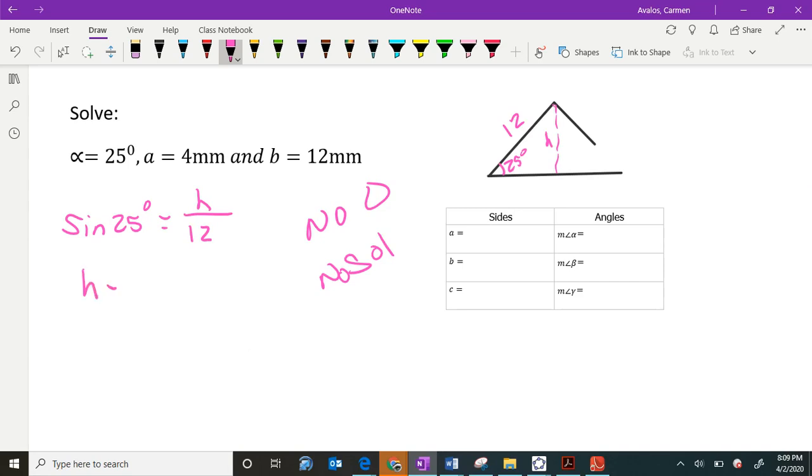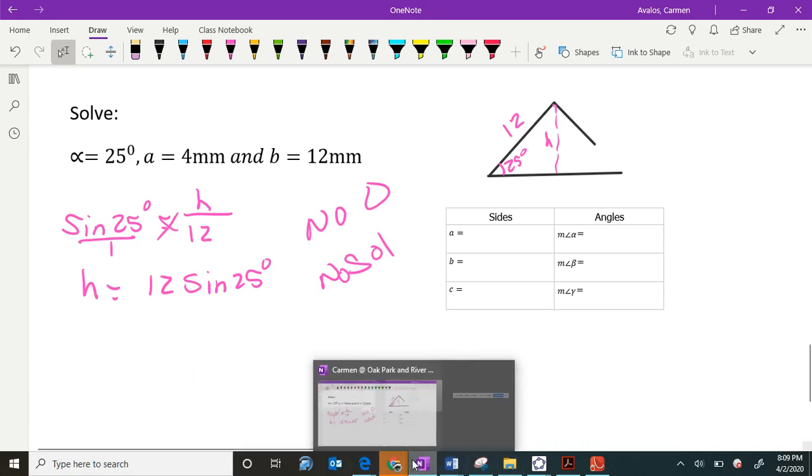So after you put this over 1 and cross multiply, h is going to be 12, the adjacent side, times the sine of the angle. And then you know that it's going to be 5. So there is no triangle, there's no solution. That's what you need to explain by showing this work. And we are done with the examples.